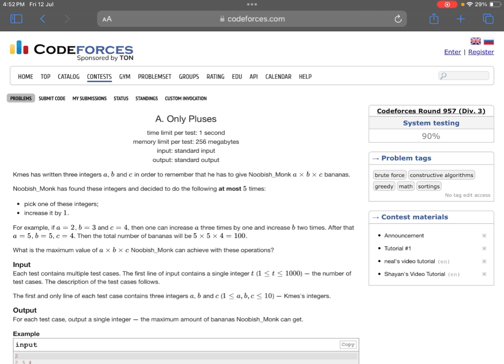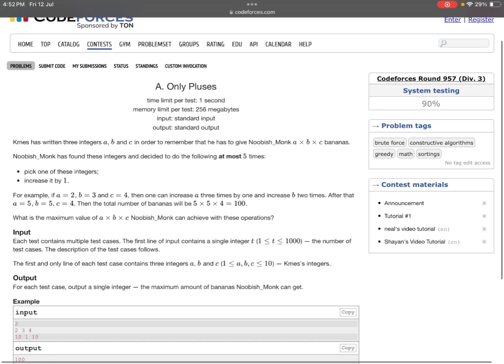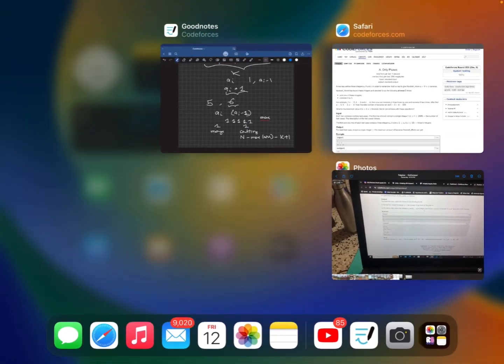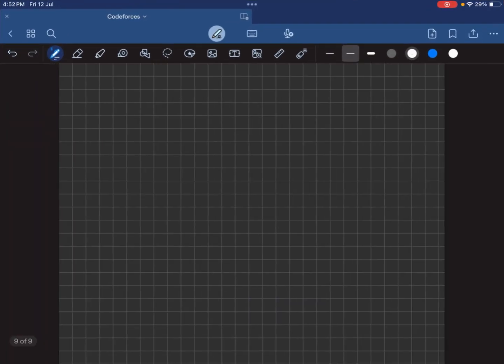In this question, we are given three integers a, b, c. Question number A, only pluses.